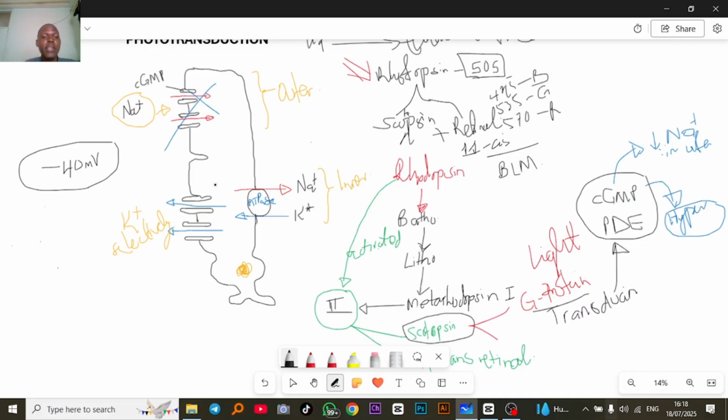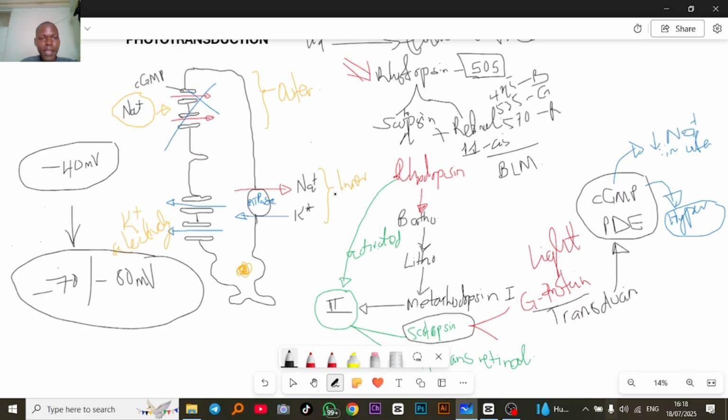But when you bring in the light and cause all these changes, it can reduce to about negative 70 or negative 50 millivolts. So this is what we refer to as the hyperpolarization. So the hyperpolarization will in turn have its own effects in the transfer of the signals.